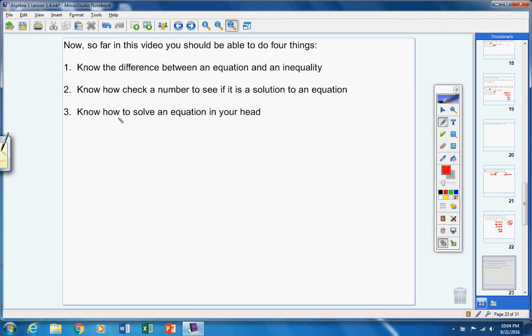to an equation. You should know how to solve an equation in your head. If I have 3x minus 8 equals, I don't know, let's see, 16, something like that, then you should be able to do that in your head, okay? You should be able to say this entire side here equals 16.